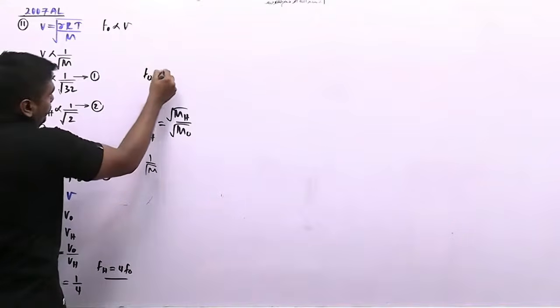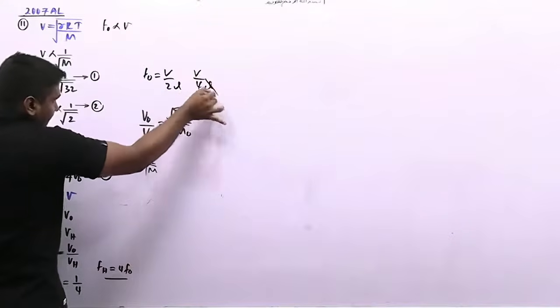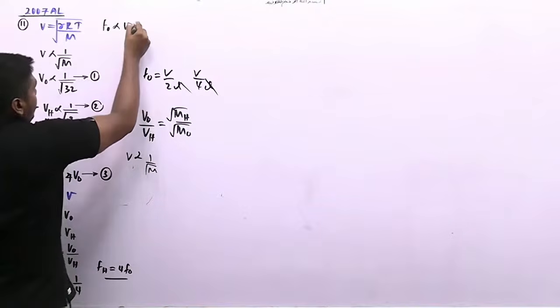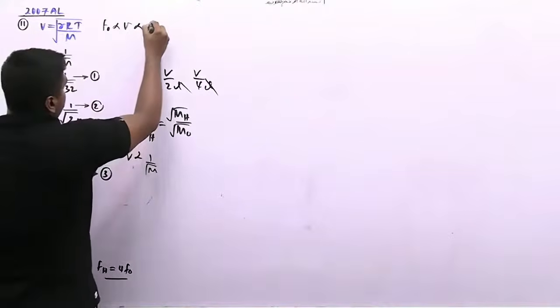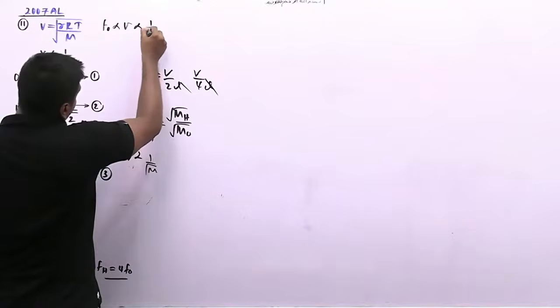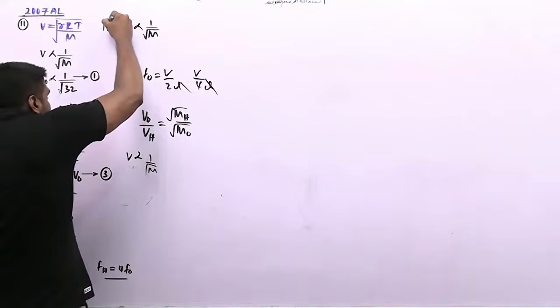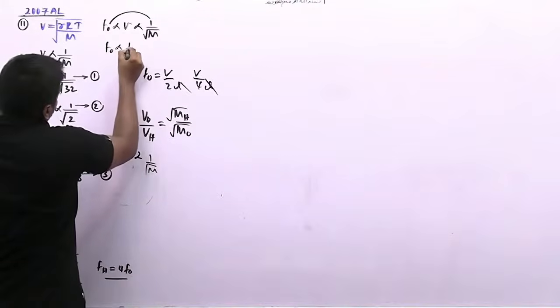We know that F0 is equal to V over 2L or V over 4L. Same length, therefore fundamental frequency is directly proportional to the velocity. Velocity of sound in a gas is directly proportional to 1 over root molar mass. Then one can tell fundamental frequency is proportional to 1 over root molar mass.